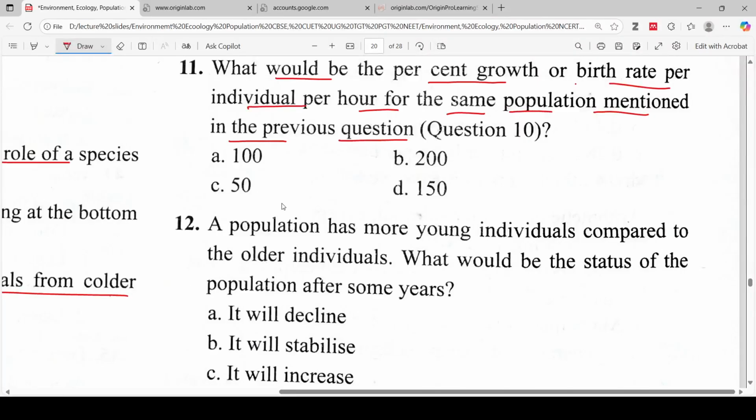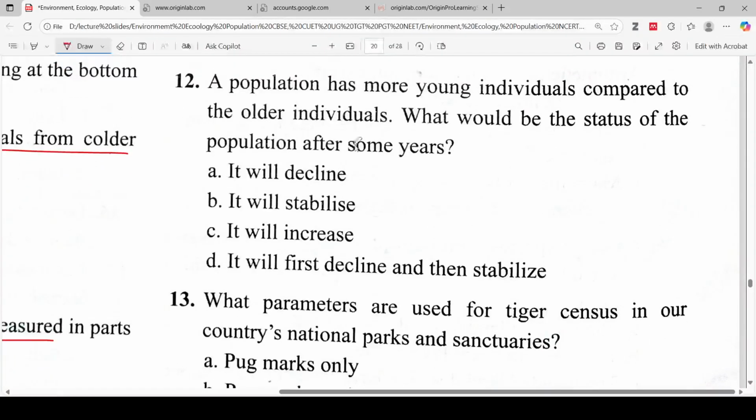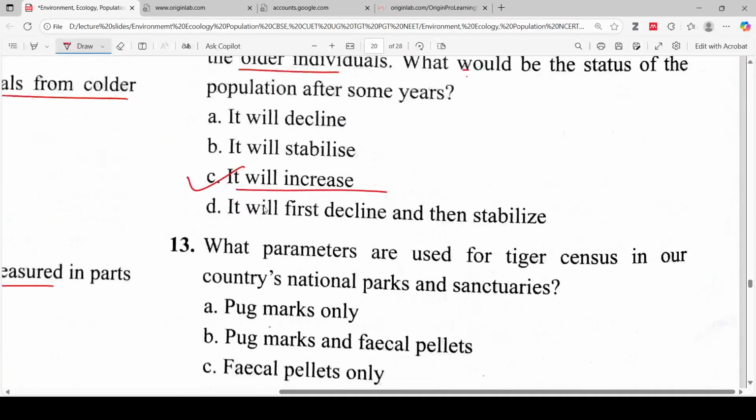So the correct answer will be option B. Next question, a population has more young individuals compared to older individuals. What would be the status of the population after some years? It will increase. So the correct answer is option C.